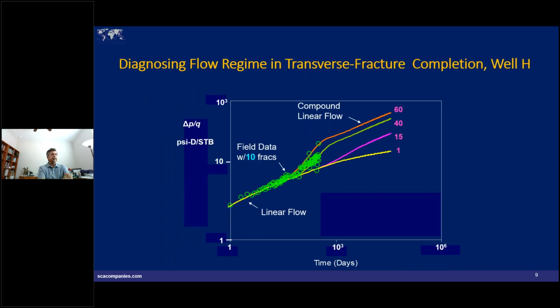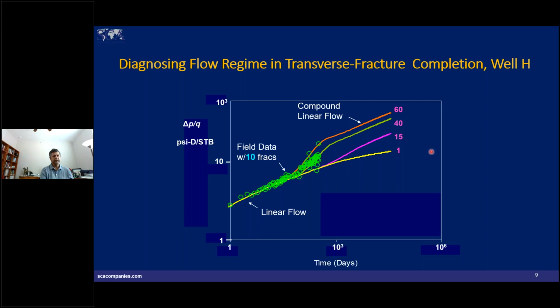And then we said, okay, how about looking into the similar data through the lenses of other diagnostic tools. For example, what if we have a number of fractures in an idealistic model?